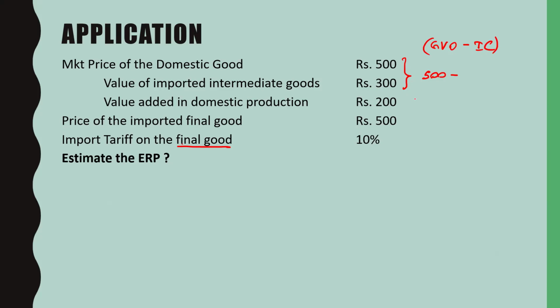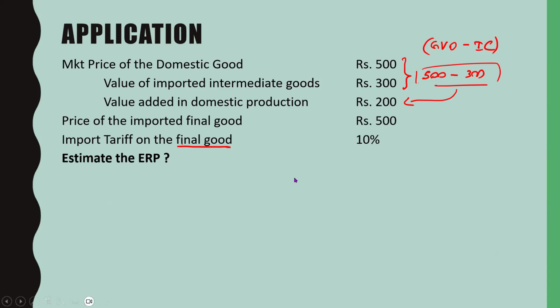That doesn't change. Here the gross value of output is 500, the money value of the output for one unit, minus intermediate consumption of 300. This is basically how this 200 is calculated. It's already given to you as the value added in domestic production. Is that clear?